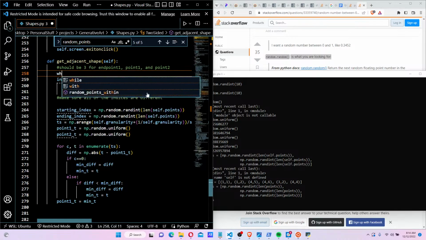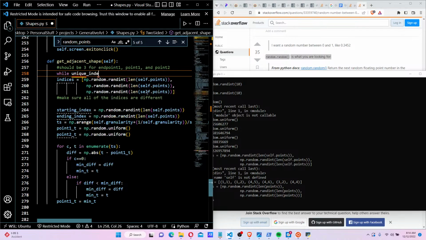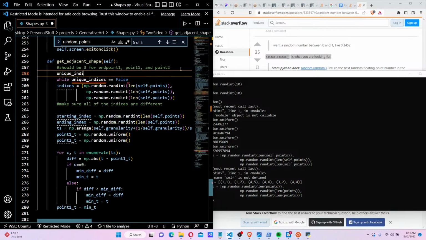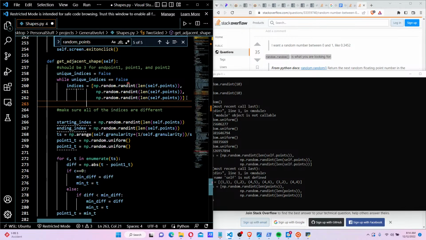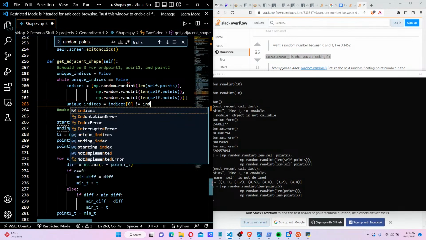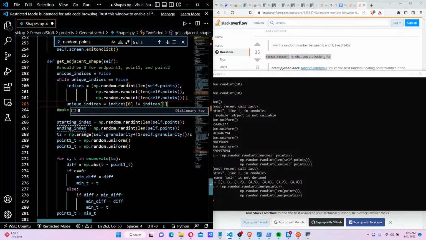So I guess I could do while unique indices is equal to false, and first I'm gonna say unique indices is equal to false, okay, and while that's equal to false, get these, and then unique indices is equal to indices of 0 is not equal to indices of 1.